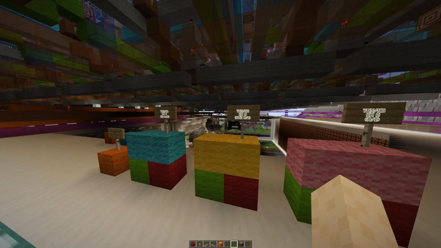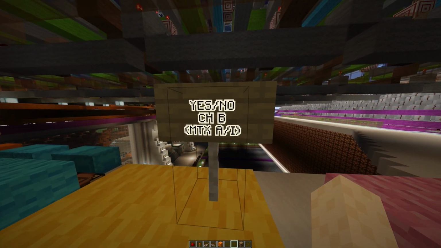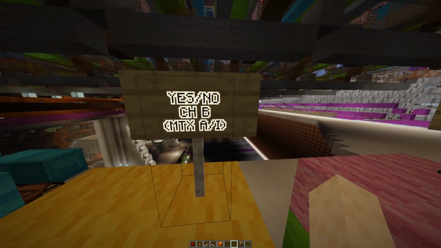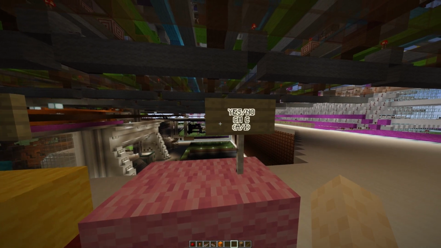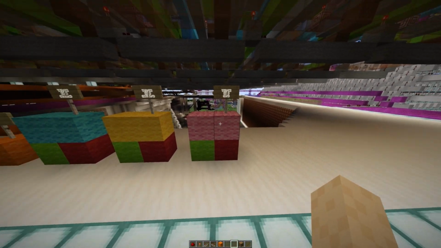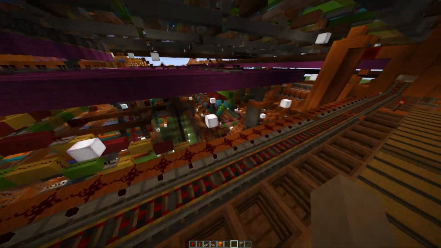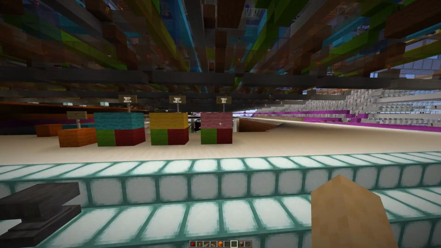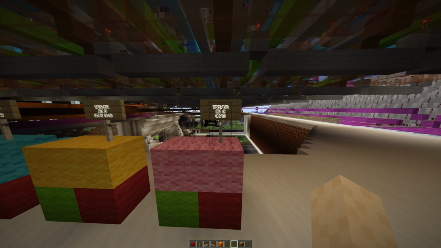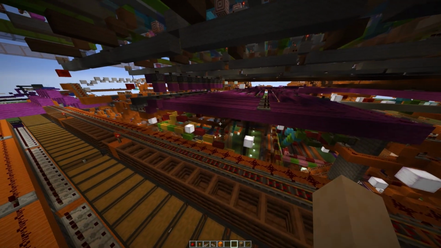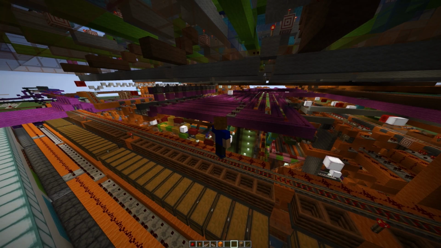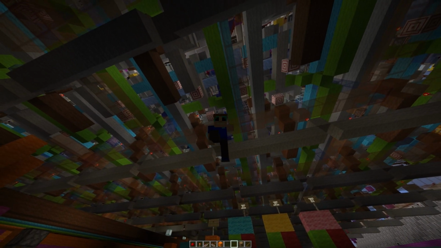Now, with that being said, you may have seen on the signs, this says maintenance AI. And then this one, the third one, which will be represented by pink for the yes-no logic line, which you can see down there, just says AI. Now, of course, it's not actually AI. I know. I get it.